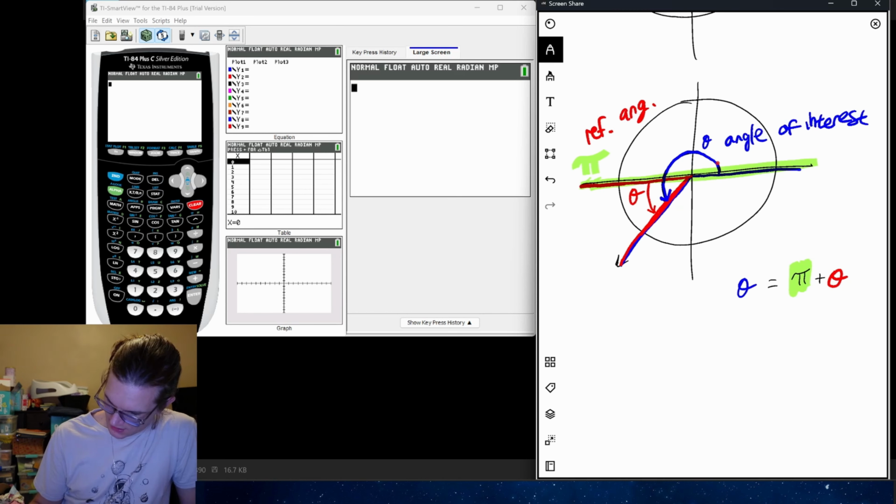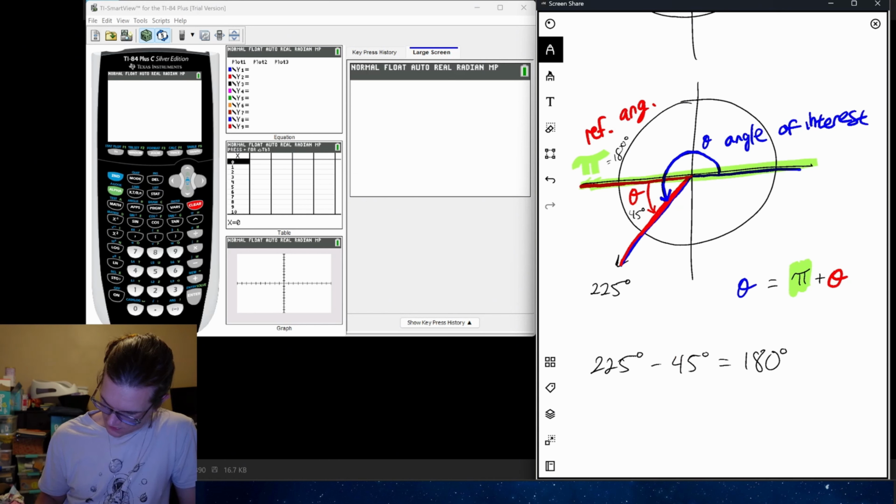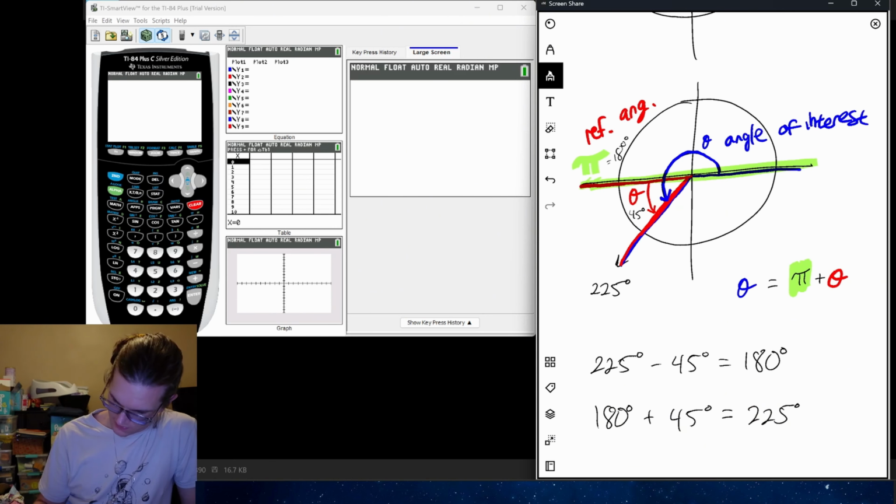It looks to me like it's approximately 225. So the pi is 180, then the little acute one is 45. 225 minus 45 gives us that straight angle. Or you could say 180 plus 45 equals the big angle that we're looking at.